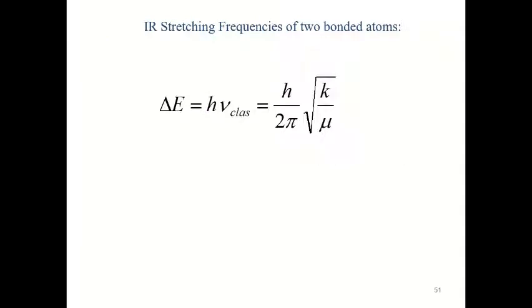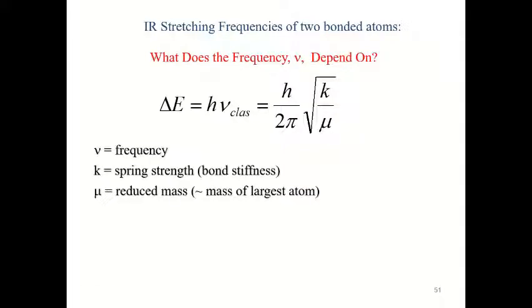From the energy formula, we can also determine that delta energy is equal to Planck constant times frequency, which is also going to be equal to Planck constant over 2π and the square root of the spring strength, which is the bond stiffness, over the reduced mass of the atoms.